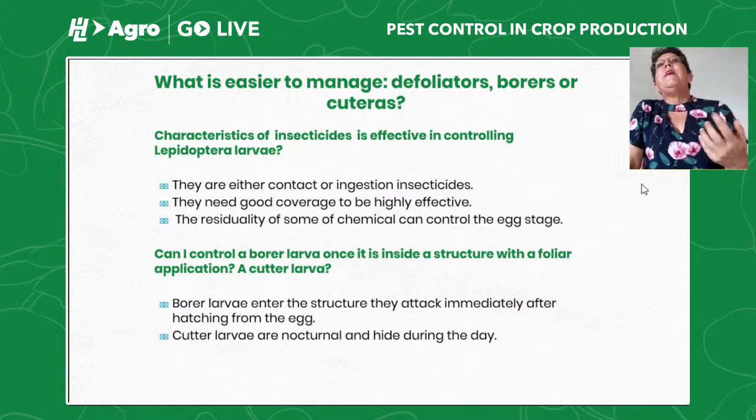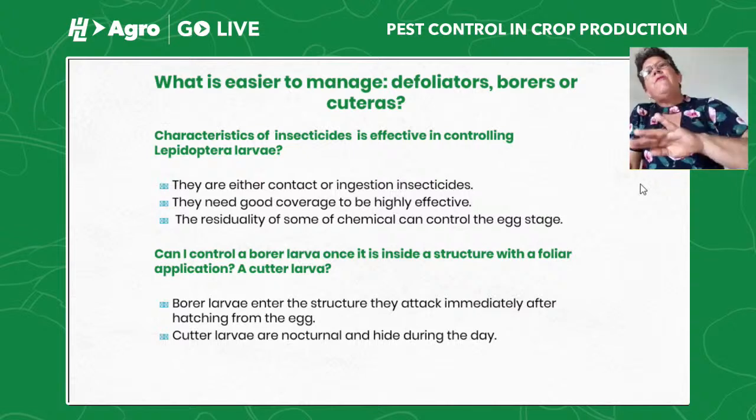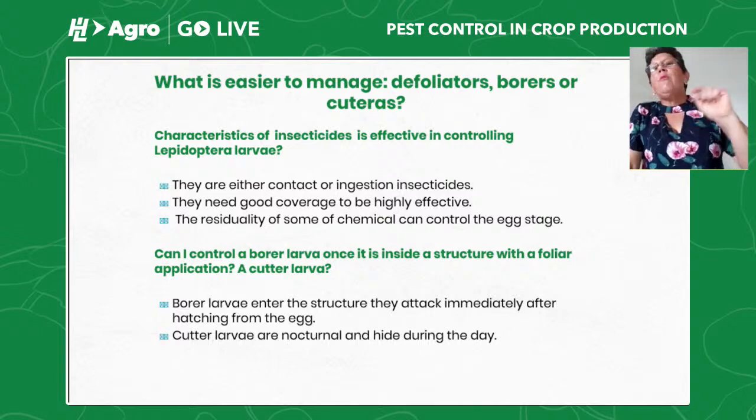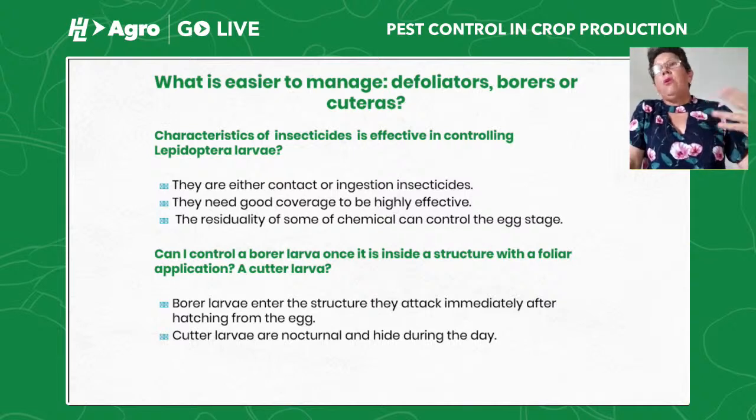Normally, the insecticide doesn't really kill the egg, but it leaves the surface of the egg with the poison. When the larva eats the crust of the egg to come out, that's when it dies. So it's very useful to have a molecule that lasts longer to affect the egg stage and the larva stage, 2 stages of the cycle.